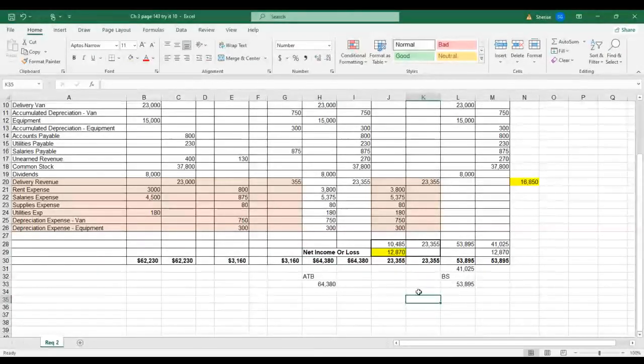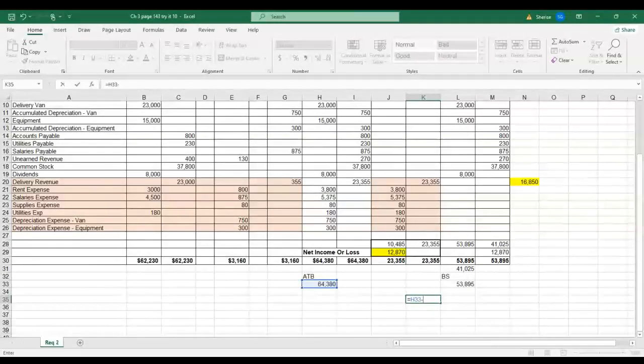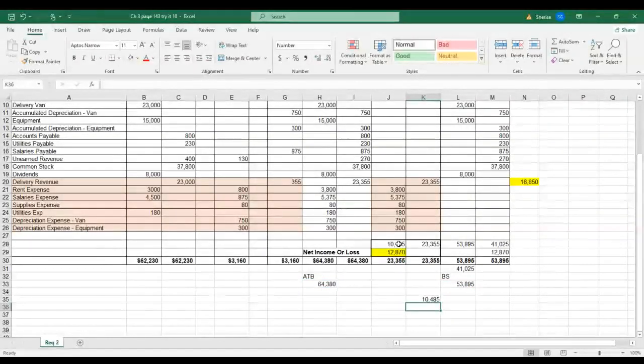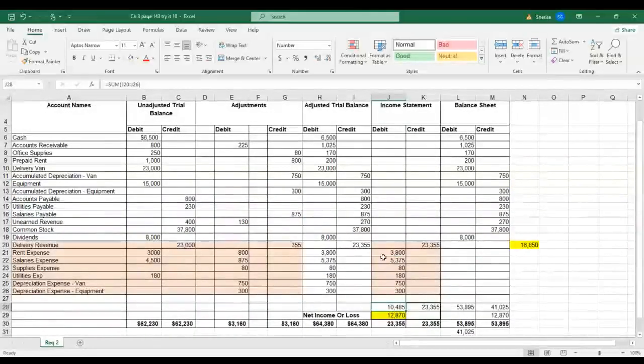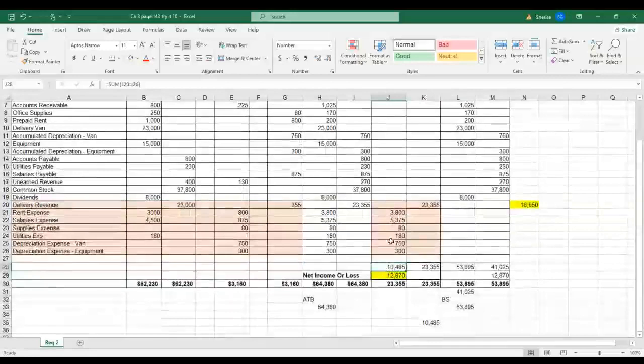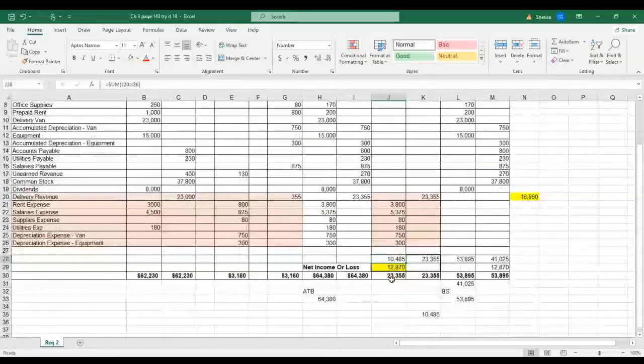All you do is you take your adjusted trial balance minus the balance sheet, and that will give you the amount for your income statement, the expenses.